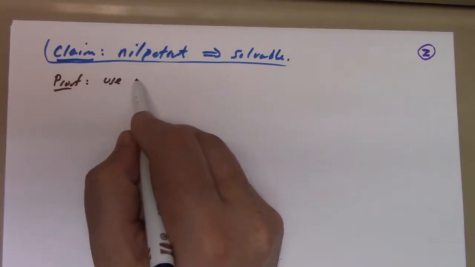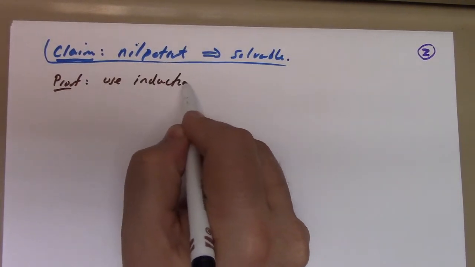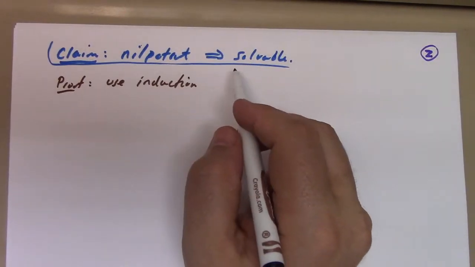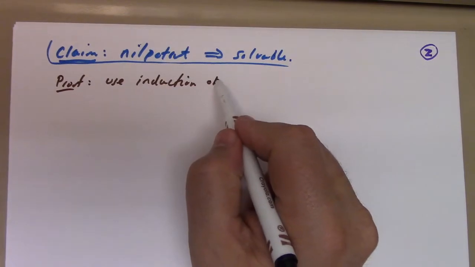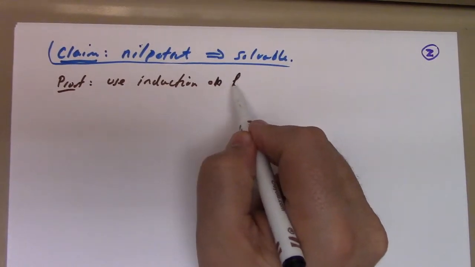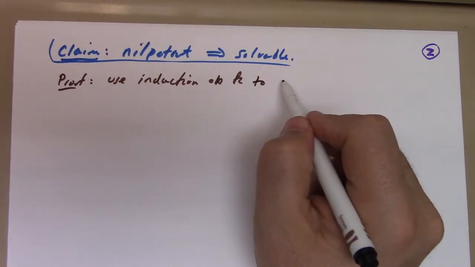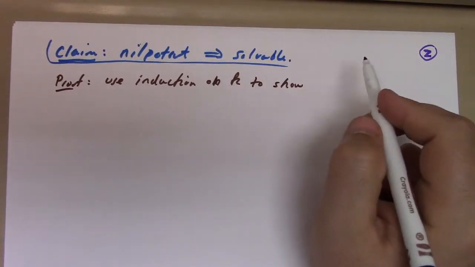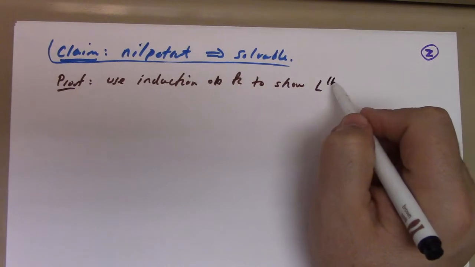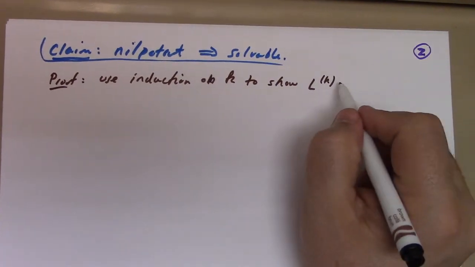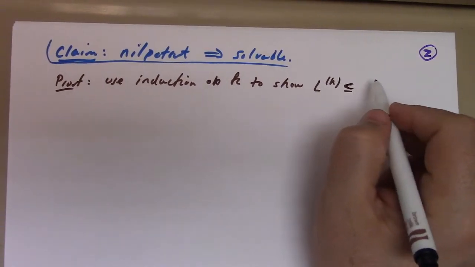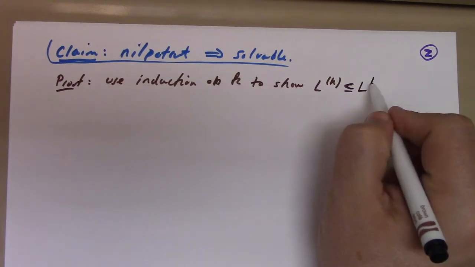Use induction on k to show that the derived series is a subset of the lower central series at each order.